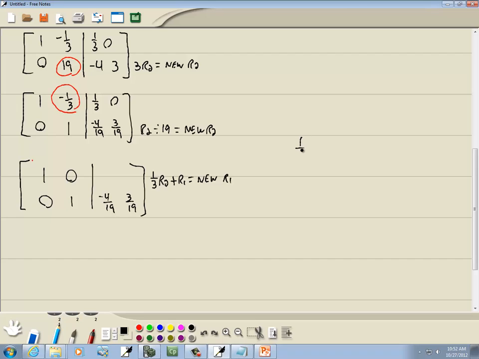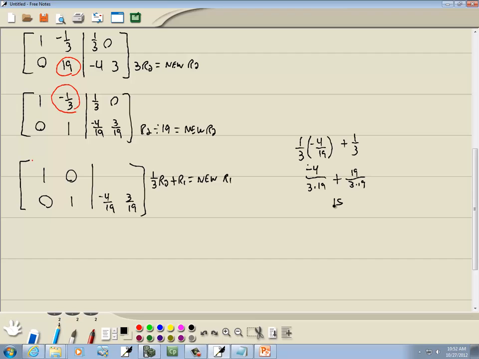1 third times negative 4 19ths, plus 1 third. Now, that gives us negative 4 over 3 times 19. And here, multiply top and bottom by 19, I get 19.